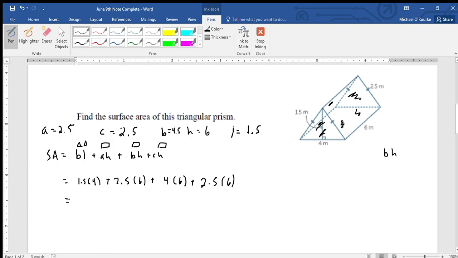If I was a well-prepared teacher, I'd have that already done, or I'd just write down the number, but I do not have that. Plus 5 times 6 equals 55.5. 55.5, and that is meters squared.